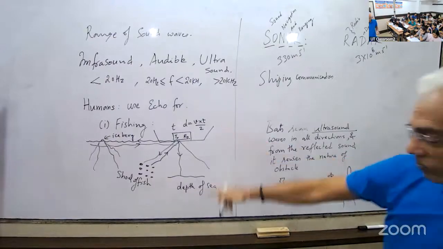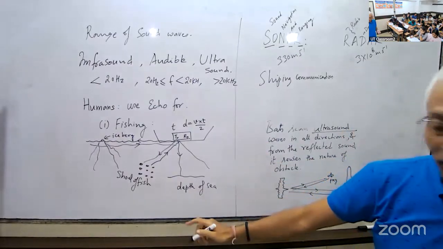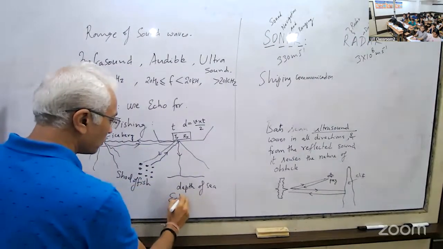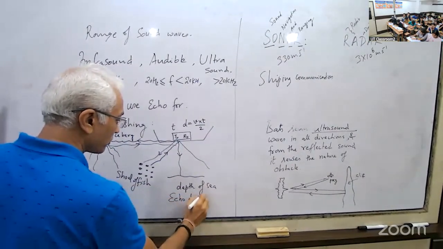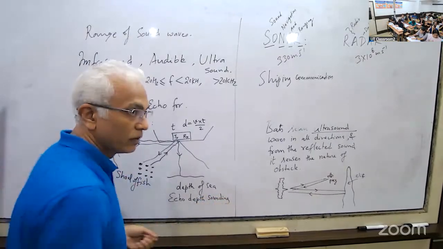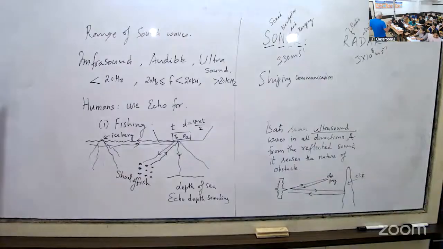So what do we call the process of finding the depth? Echo depth sounding. Is this clear? What are we using here? We are using echo. Echo means we are analyzing the reflected sound wave, noting down the time of echo.